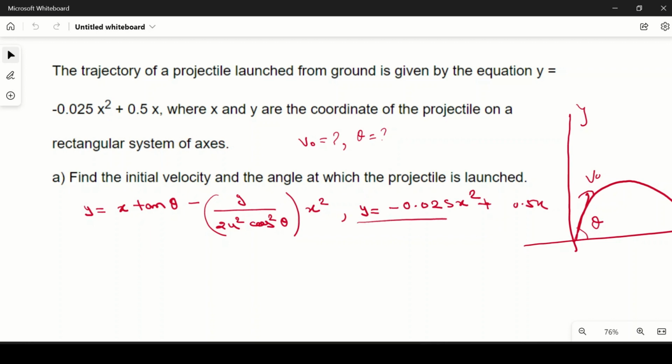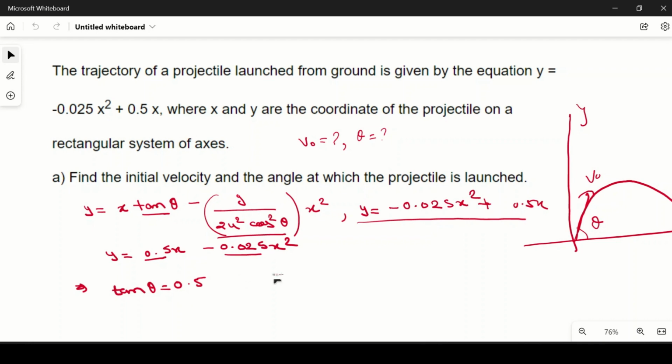So we have to write this equation in this format. So you can write y is equal to 0.5x minus 0.025 x square. So these two equations are same, so we can compare the coefficients of x and x square. So we will find tan theta is equal to 0.5. From here, 0.5 and tan theta are the coefficient of x.